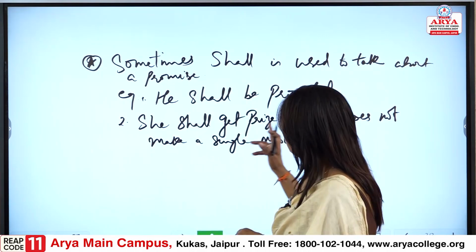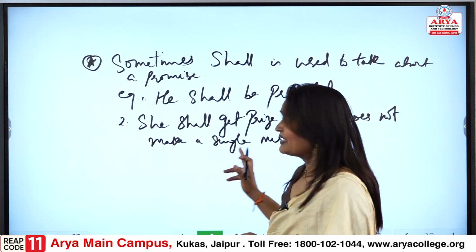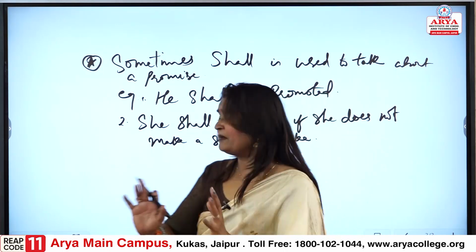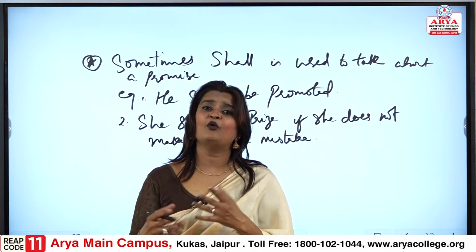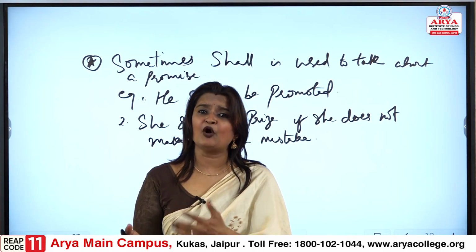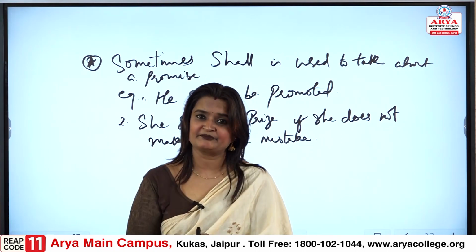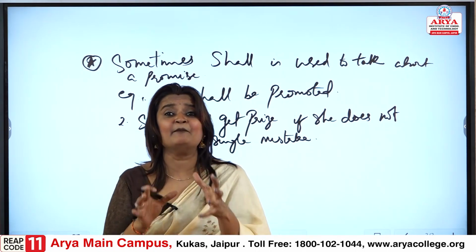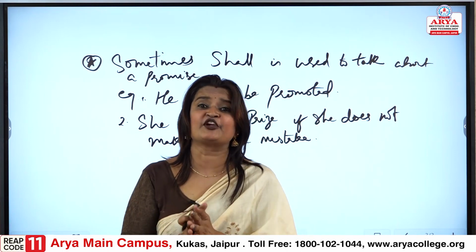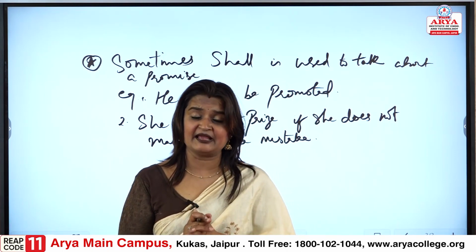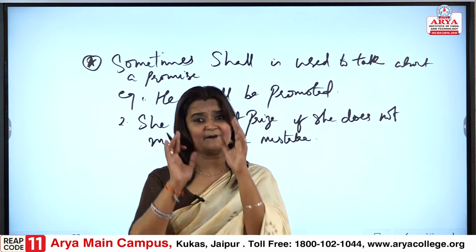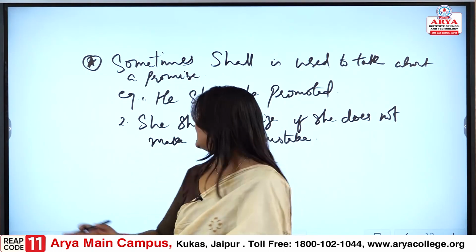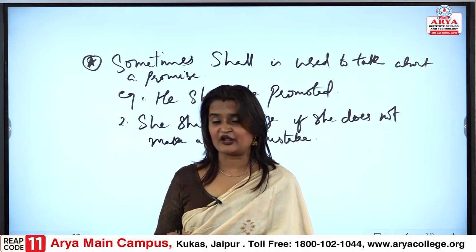The same way, she shall get a prize if she does not make a single mistake, not even a single mistake seen, she shall be rewarded, awarded, whatever we say. Fine. So again, this is a commitment, an assurance you are giving. In such cases, we use shall for assurance, for commitments, for promises. Yes, this we would take care of.